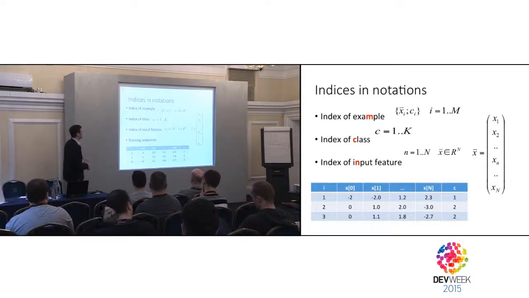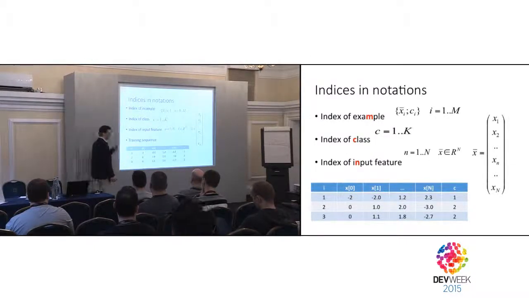Well, there is a simple rule how to remember the notations. I'll try to make it consistent, although we can denote the number of examples with any letter, of course. I'll try to make it consistent for easier remembering.